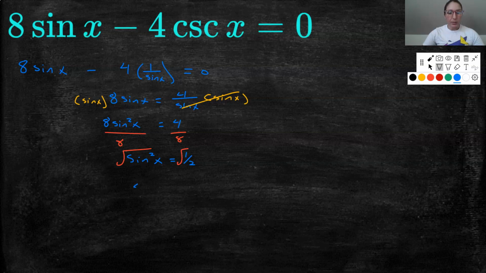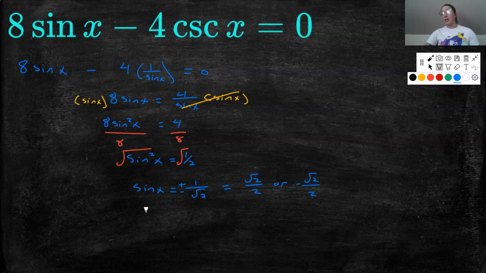When we take the square root, we'll pop out with sine of x. Perfect. Remember, when you take the square root of something, it's either the positive version or the negative version. So sine of x is equal to the square root of 1 over the square root of 2, the plus and the minus version. This is equal to, if I rationalize the denominator, root 2 over 2 or negative root 2 over 2.